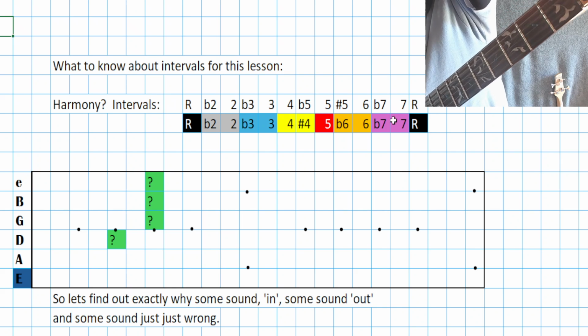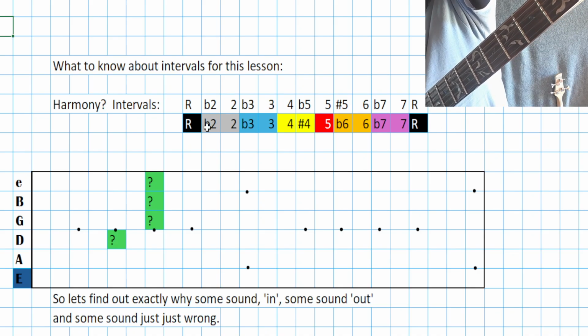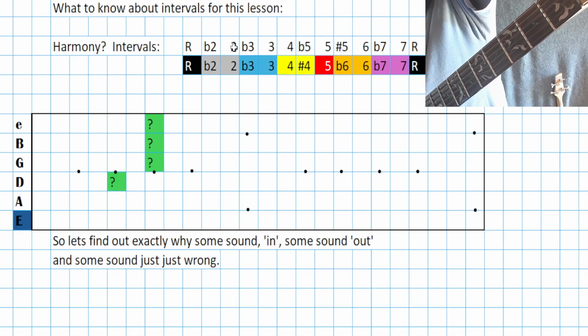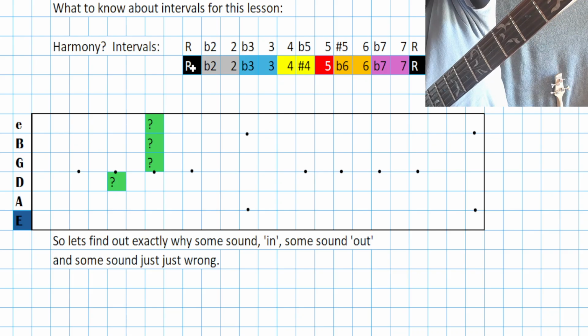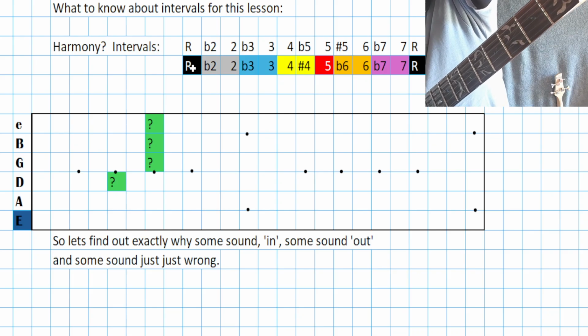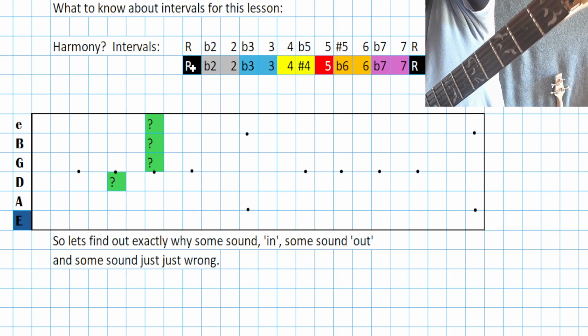So we're going to rethink these intervals and then see how they fit into these little sonic groups. So from the root, you can see we have pairs, and for beginners this is a little bit more memorizable.